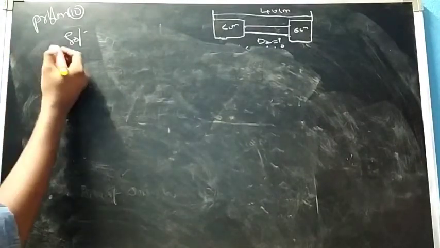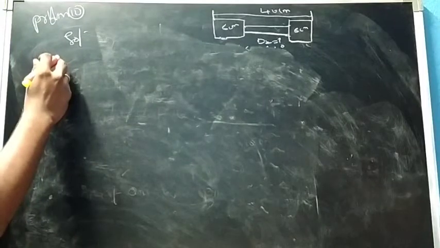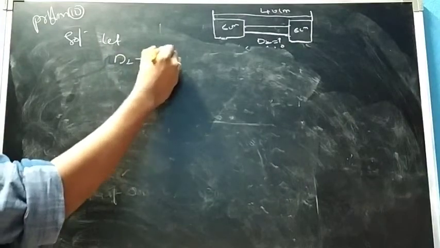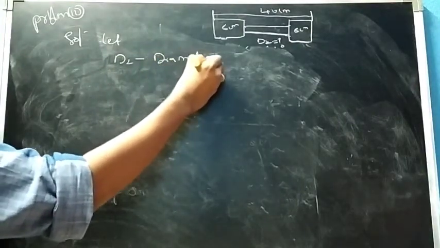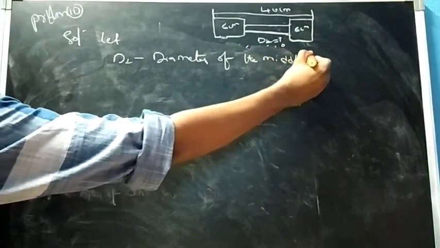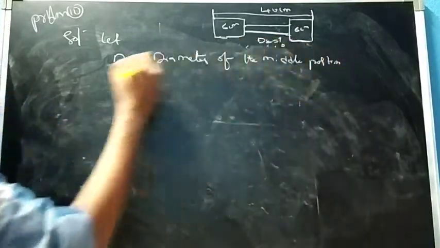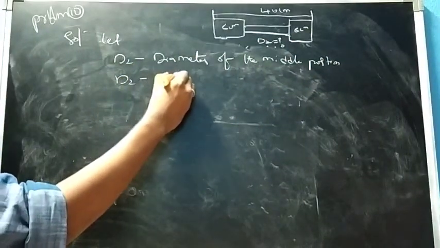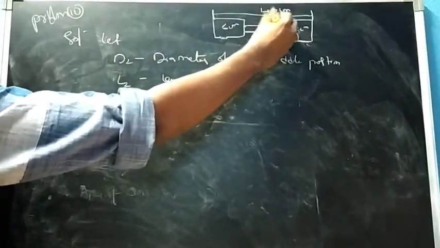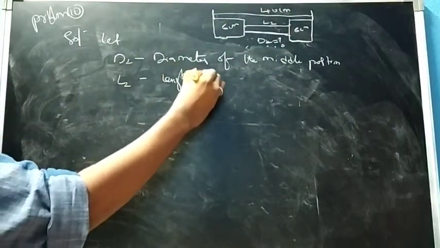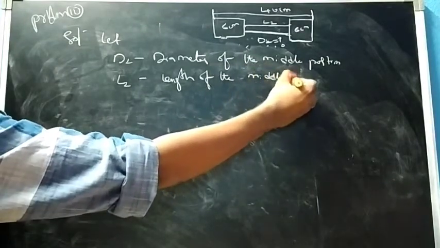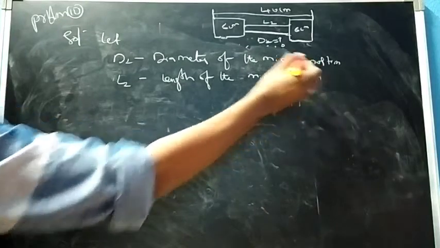Let D2 be the diameter of the middle portion and D1 for both the ends, and we have to find out the length as well, right? So L2 is the length of the middle portion.